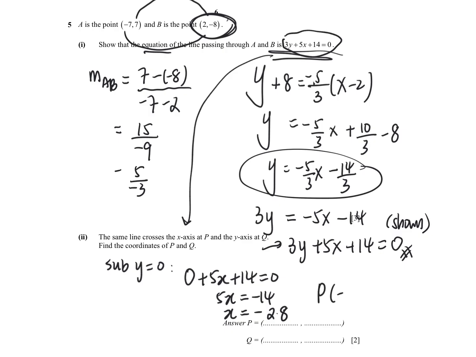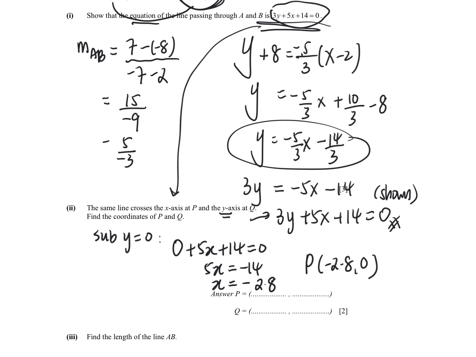So P is (-2.8, 0). Then the y-axis means you sub x as 0. So you get 3y plus 14 equals 0. y is minus 14 over 3, which is minus 4 and 2/3. So Q is (0, -4 2/3).